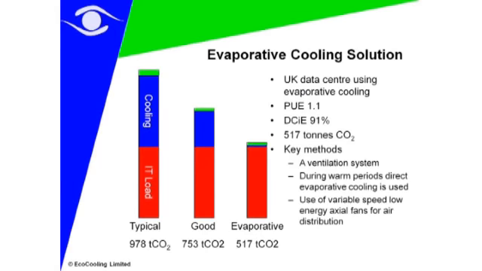So what can we do to improve things? If we use a ventilation system and use evaporative cooling instead of refrigeration, then it is technically possible to achieve a PUE of 1.1. That's an incredible level of saving, and in some cases it looks too good to be true.